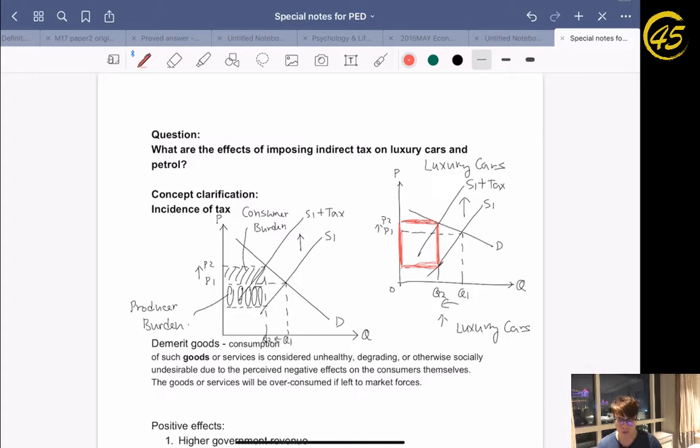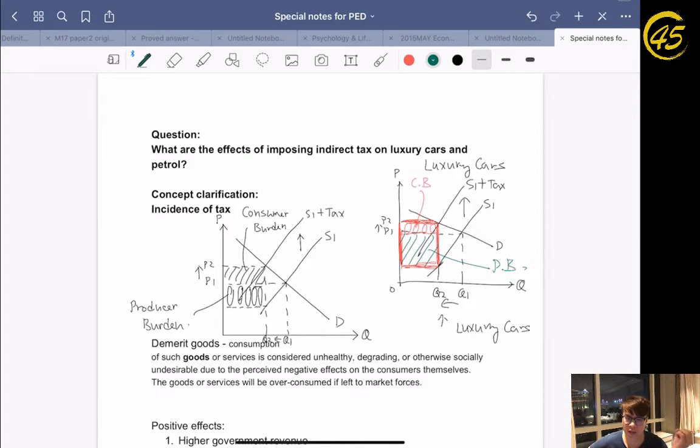The part of the price change is the consumer burden, and the rest is called the producer burden. Now we have the diagram, and I also want you to know what the demerit good is.